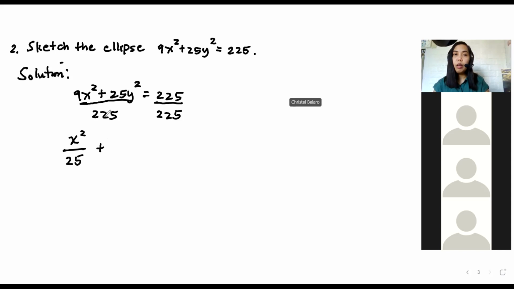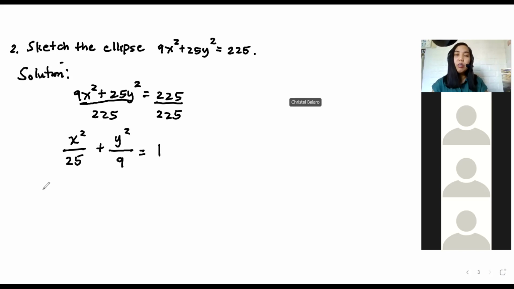Plus 25y squared divided by 225 gives y squared over 9, because 25 over 225 is 1 over 9. Equals 225 divided by 225, which is 1. So now our equation is in standard form.